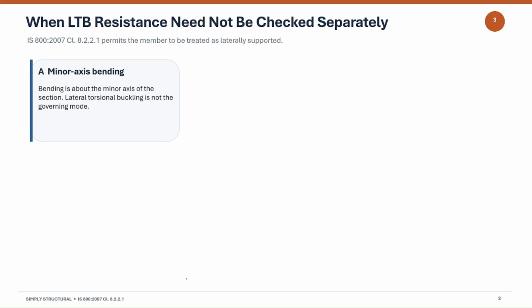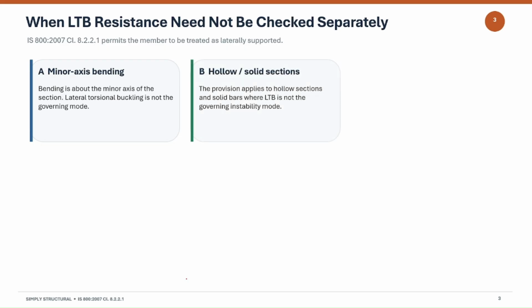When the bending is about the minor axis of the section, lateral torsional buckling is not the governing mode, so you can treat the beam as laterally supported. Next, when the beam is a hollow section, the provisions do not apply, and you can treat the beam as laterally supported and ignore lateral torsional buckling.